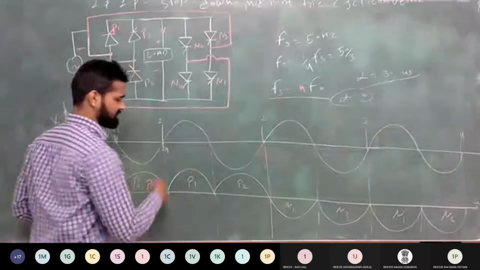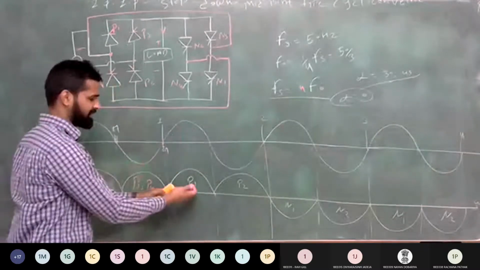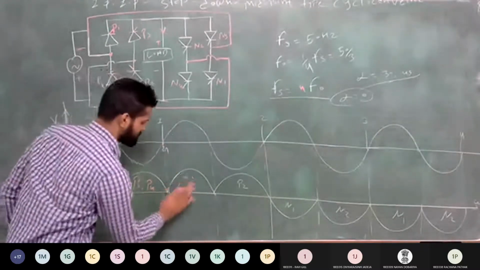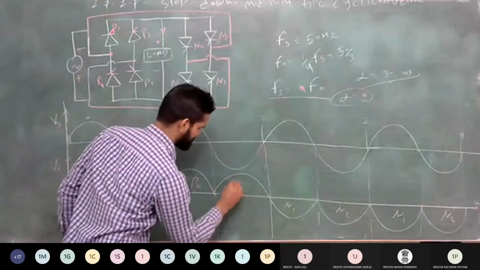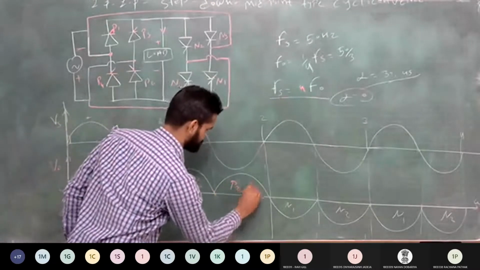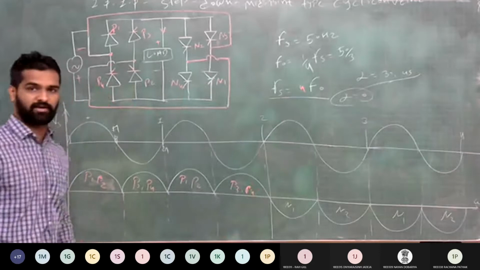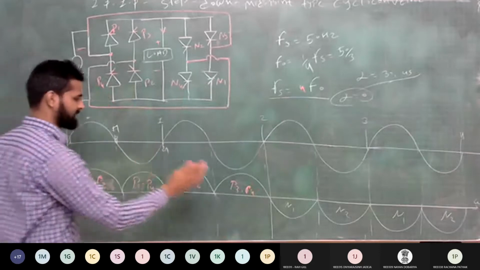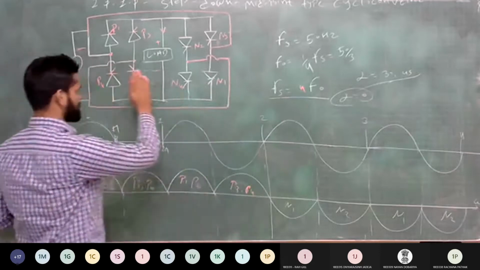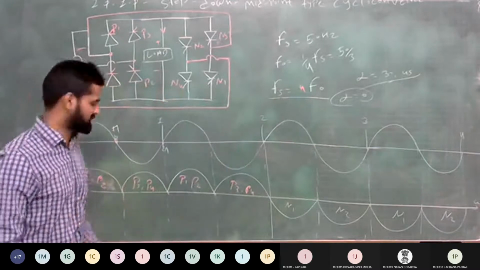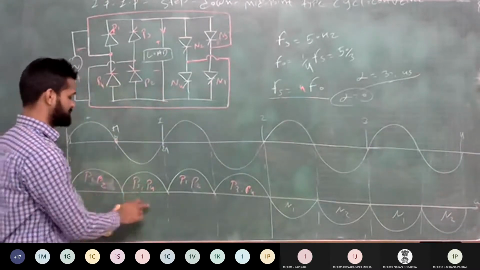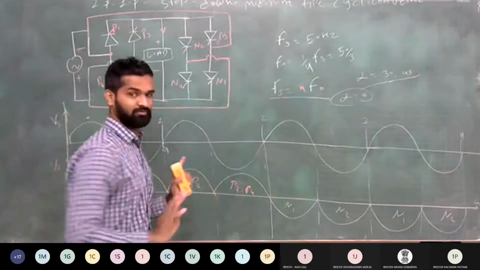Same way, positive cycle of supply, again we require positive voltage, so P1 and P2. Same way, P3 and P4. Do all of you understand? Positive output requires conduction of only the positive group thyristors, whichever is forward biased. So P1, P2, P3, P4, P1, P2 and P3, P4.